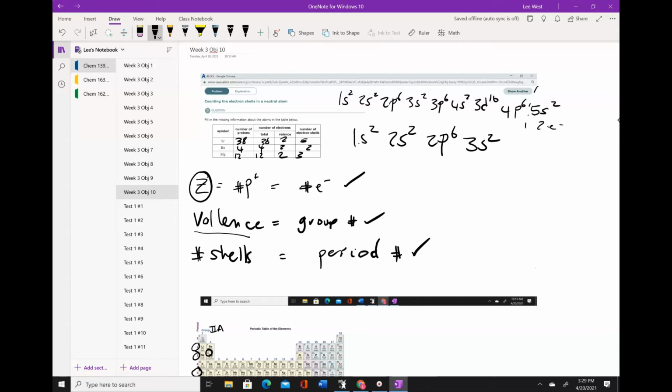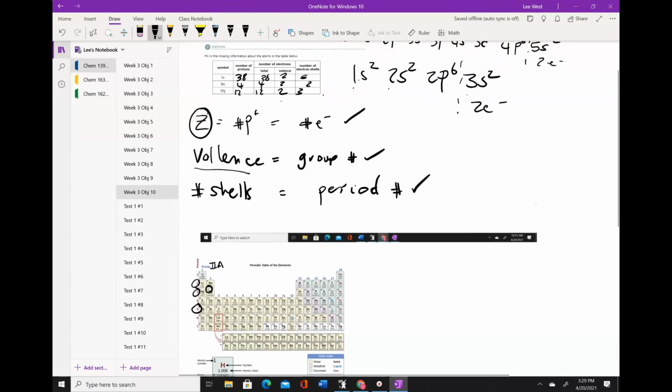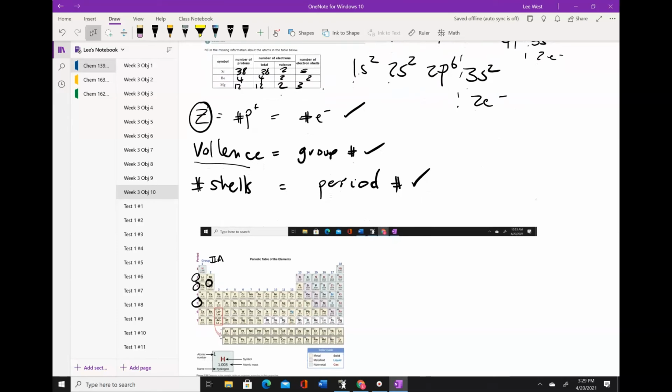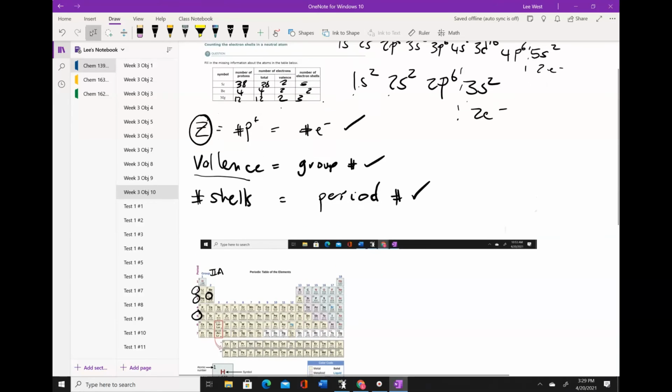That takes me up to 12 electrons. So there are 1, 2, 3 shells, and that last shell has 2 electrons in it. So 3 electron shells with 2 valence electrons. But again, we didn't do the whole electron configuration. We just looked at where the element was on the periodic table and took note of its period and group.